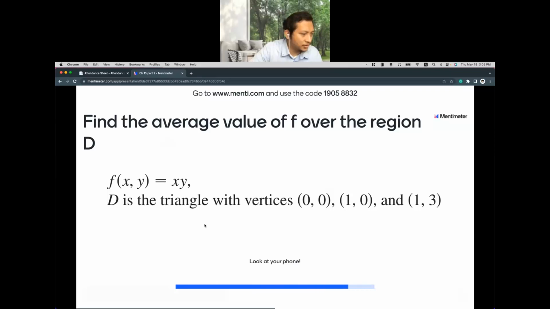Okay, find the average value. Suppose the time is too short, right? Well, let's say you could have a triangle.